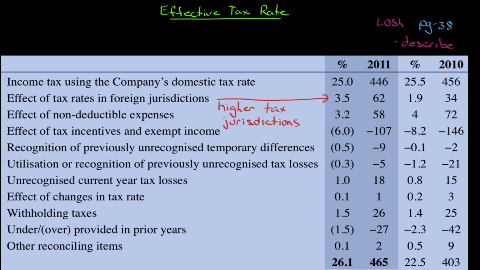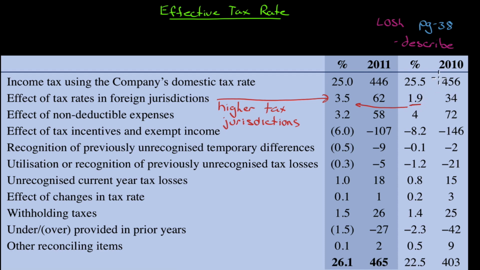Now, look at this. What happened from 2010 to 2011 is an important point, and you could pull a lot of information out of this. We went from tax rates in foreign jurisdictions adding 1.9 percentage points to the statutory rate, to adding 3.5 percentage points. So there are two explanations for this. Which one it is, you really don't know until you ask more questions.